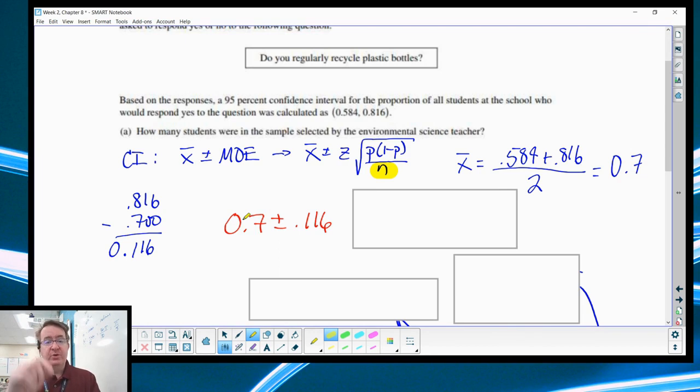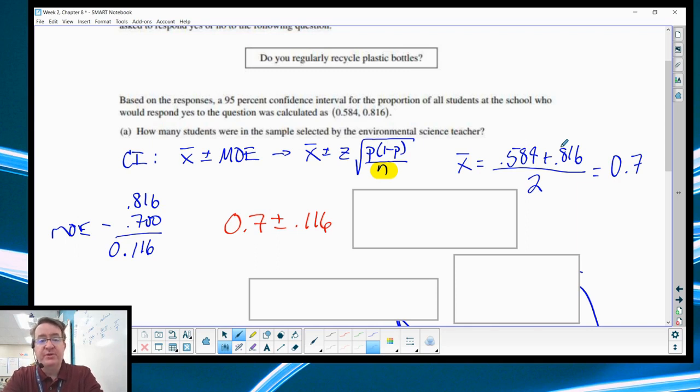To find your margin of error, I probably should have labeled this, my apologies. You just need to find the distance between one of the ends of the confidence interval and the middle. Or what you could also do is do the same thing as what we did up here, but subtract and go from there.